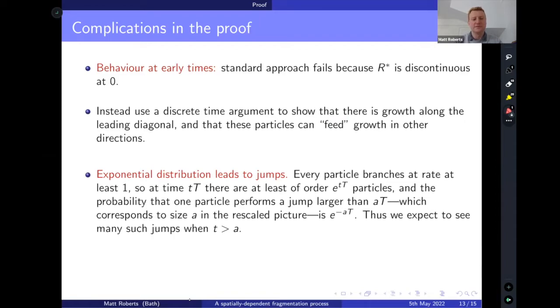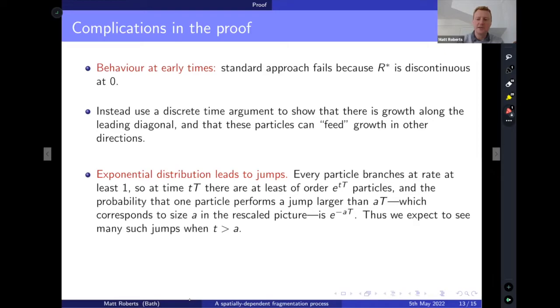is that because we've got jumps that are exponentially distributed, this leads to macroscopic jumps. So even when we rescale particles, you still see jumps of order big T, which means macroscopic jumps that are visible even in the scaling limit.